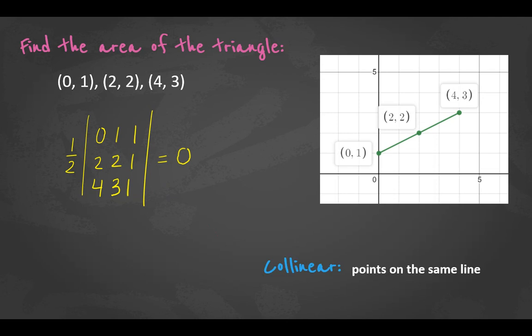They are on the same line, meaning they create a, I'm air quoting, triangle with 0 area because they're really a line. So collinear points will have a determinant of 0. That is a very important piece of information, so let me say it again. Collinear points will have a determinant of 0. I call that a collinear triangle. Or just say it's collinear. A collinear triangle would be kind of an oxymoron.